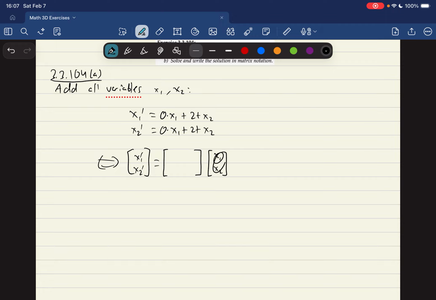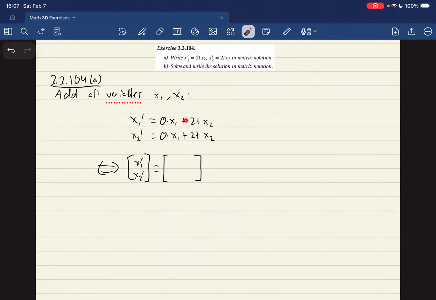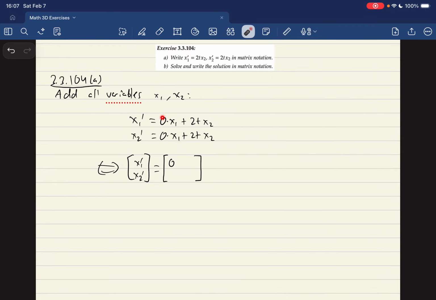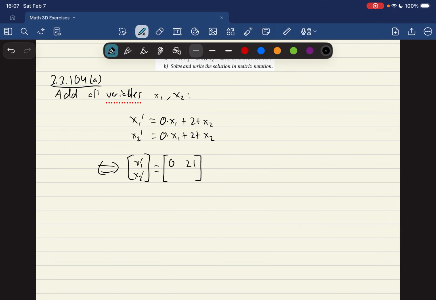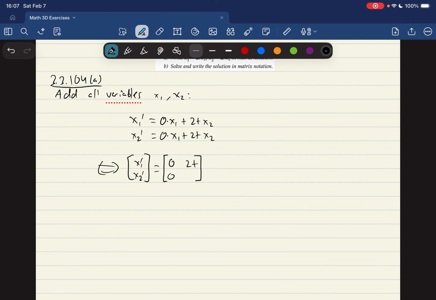On the right side, I'm going to look just at the coefficients for x1 and x2, for the different variables, the different functions in my system, as they appear on the right side. So if I ignore the x1 and x2 and the plus signs, I'm going to add these quantities into this matrix. On the top, I have 0 and 2t, so I'm going to add 0 and 2t. And similarly, on the bottom, I have 0, then 2t, so I'm going to add 0, then 2t.